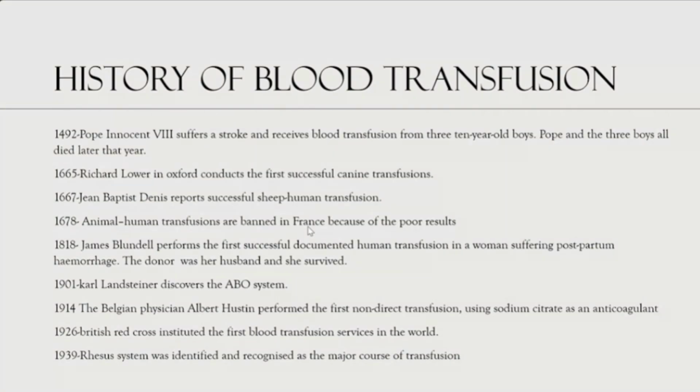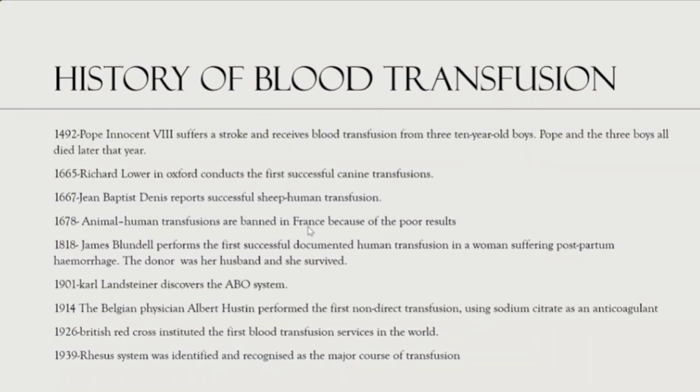Then in 1665, Richard Lower in Oxford conducted the first successful canine transfusion. Then in 1667, Jean-Baptiste Denis reported a successful sheep to human transfusion. He transfused blood from the sheep to the human.